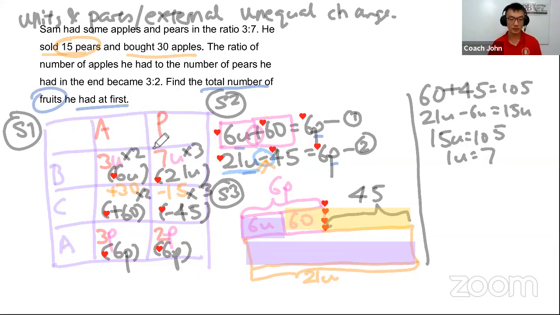Parents, I need you to participate. Give me the total units for the total number of fruits at first. Tell me the total number of units that represents the total number of fruits he had at first.